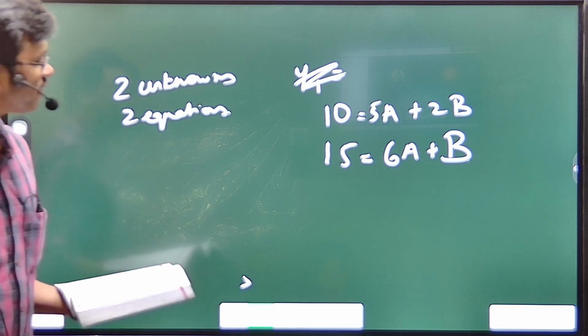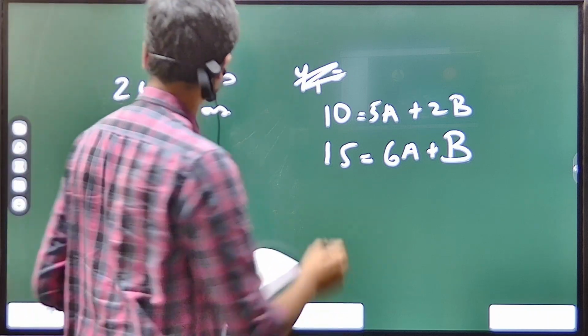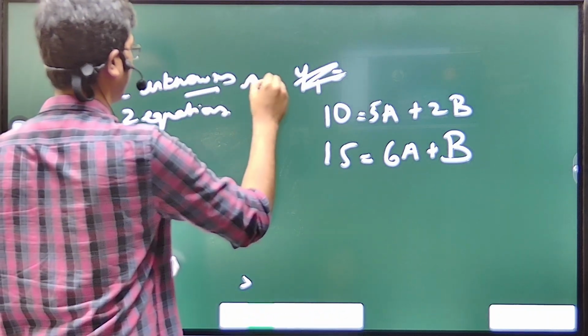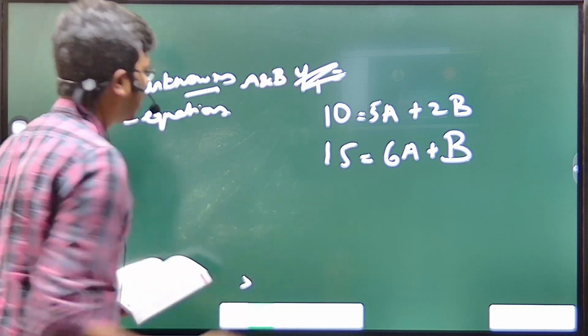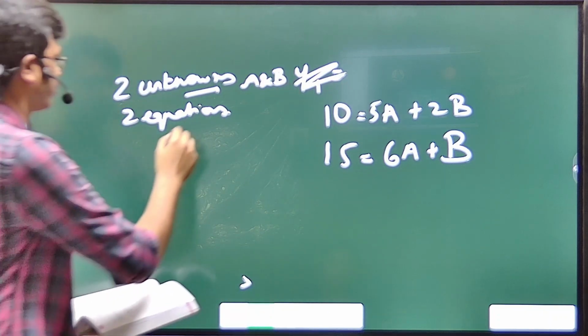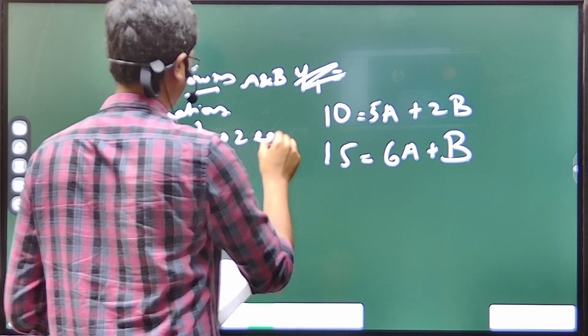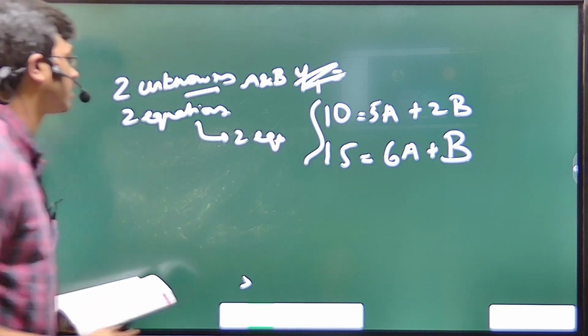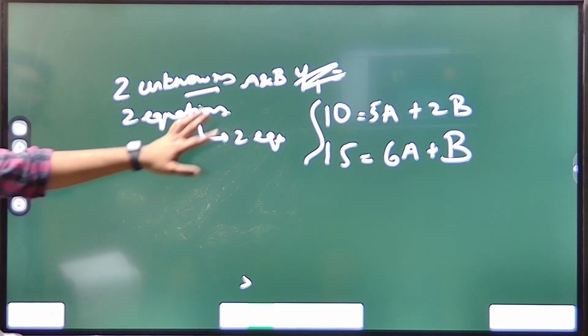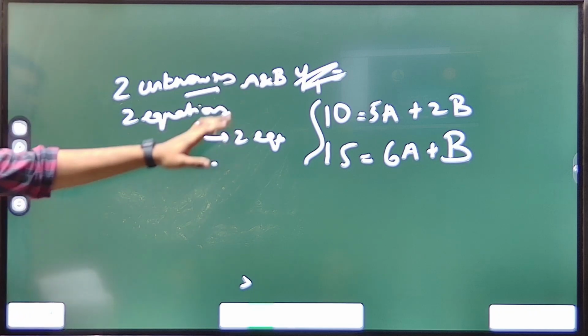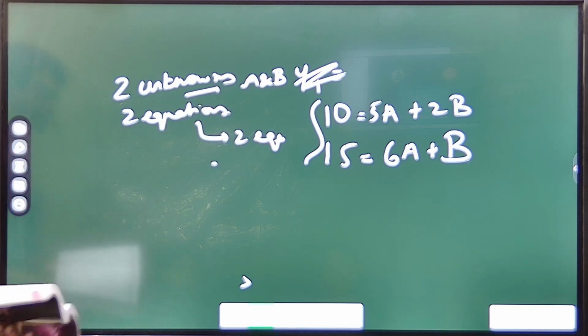How many unknowns do you have? You have two unknowns, that is a and b. How many equations do you have? Two equations. So if you have two unknowns and two equations, you can find out a and b, correct?